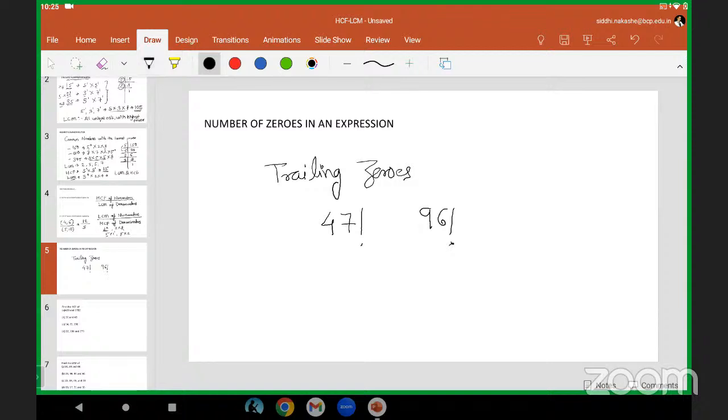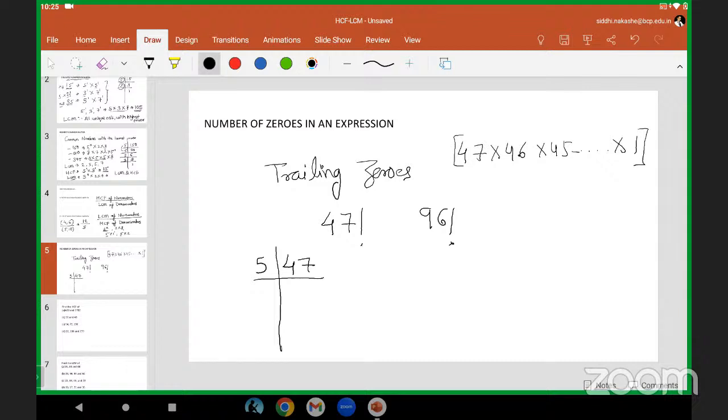So what is a factorial? Factorial is nothing but 47 into 46 into 45 until 1. So this is how big the number gets. Now whenever we need to find the number of zeros in such factorials, or trailing zeros, the key to this question is, we divide the number by 5 for finding out the number of zeros.